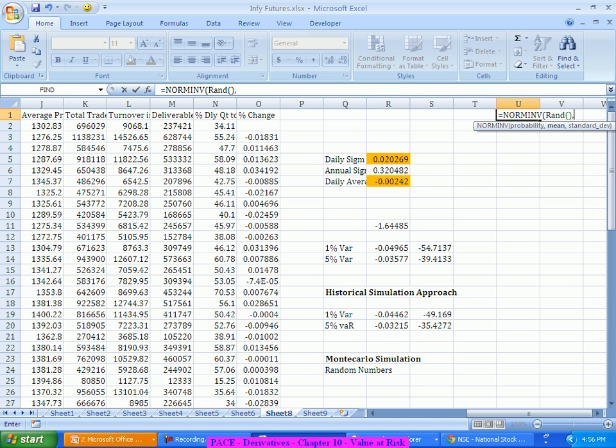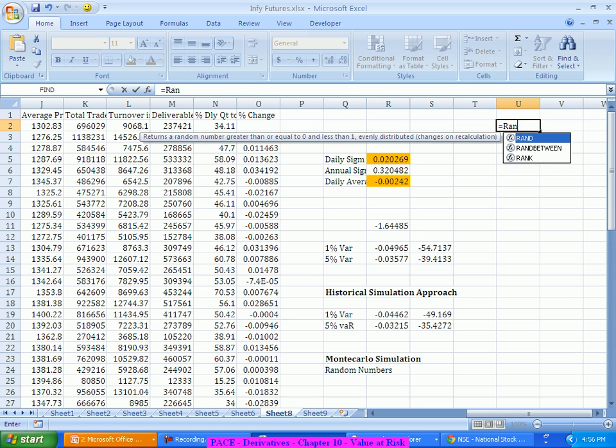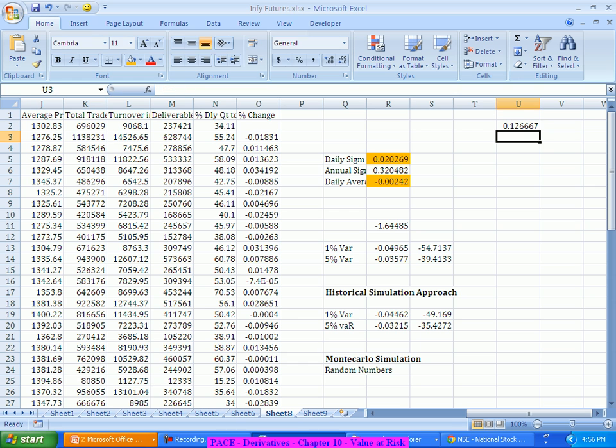The RAND function actually gives some number between 0 and 1. The probability also lies between 0 and 1 only. So that's where, instead of giving some probability number, I am asking the system to generate some random number. If you just use RAND, you'll get some number, just a random number between 0 and 1.